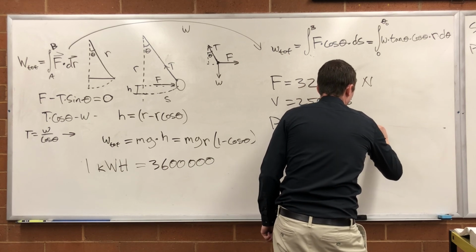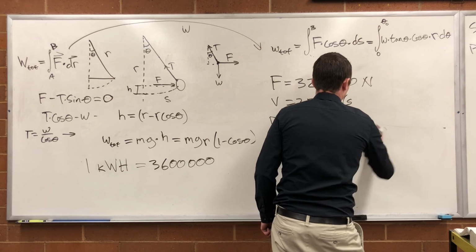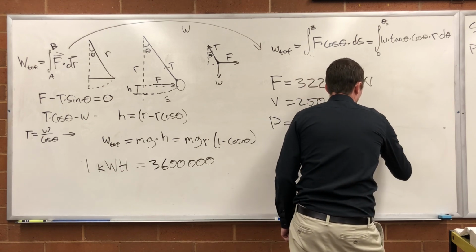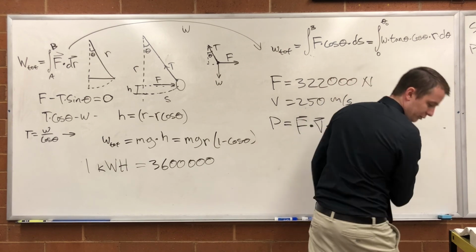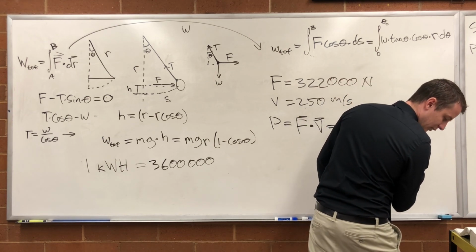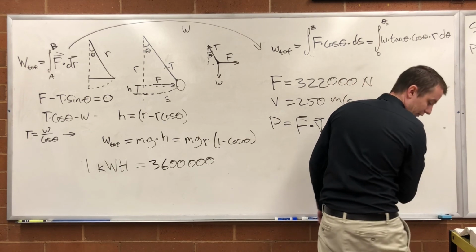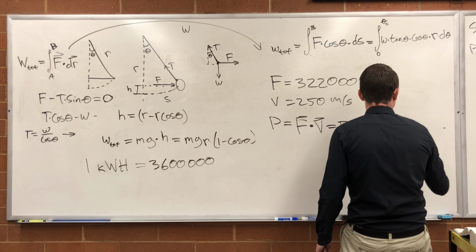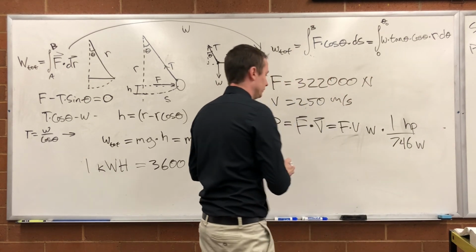First off, when I calculate that, that will give me that many watts, and then I'm going to multiply that by 1 horsepower, both lowercase, 1 hp over 746 watts. And that will convert to horsepower for me, right?